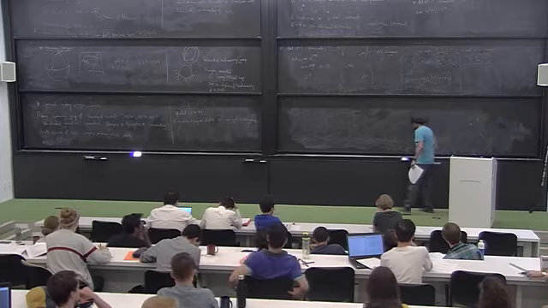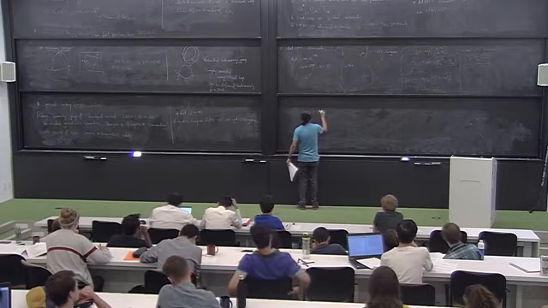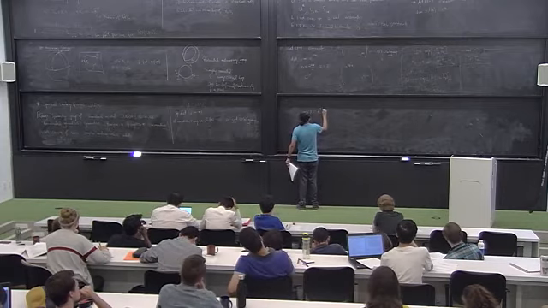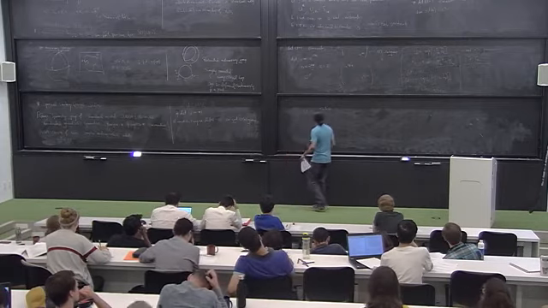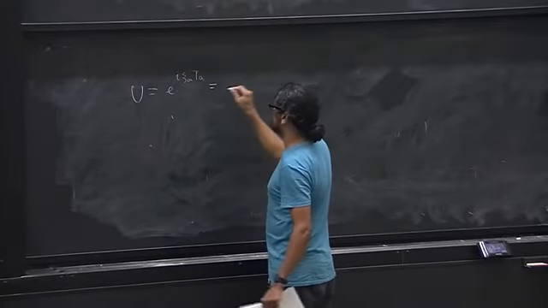Okay, so let's take U, and U is e to the power i times this thing, right? And so I can write this as a power series.